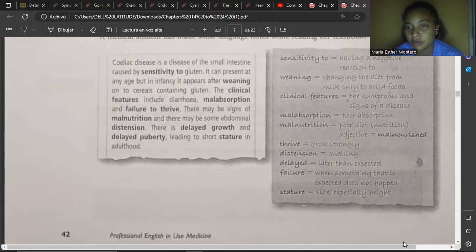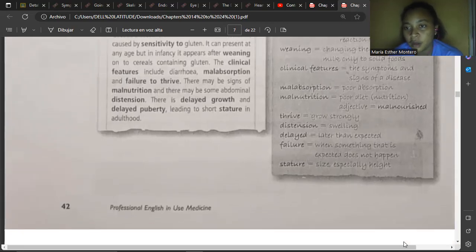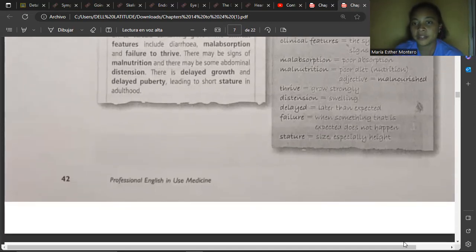Malnutrition: poor diet, nutrition; adjective, malnourished. Thrive: grow strongly. Distension: swelling. Delayed: later than expected. Failure: when something that is expected does not happen. Stature: size, especially height.